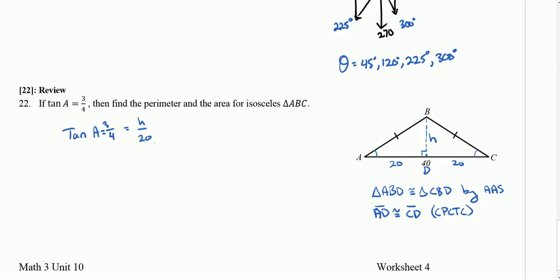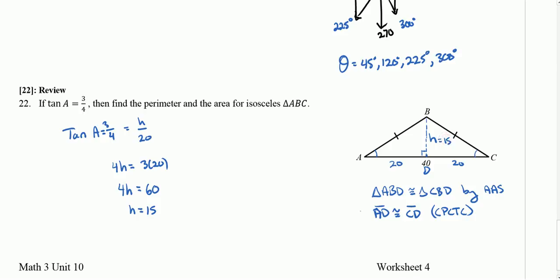And so this gives us a proportion in which we can cross multiply and get 4 times the height is 3 times 20. So 3 times 20 is 60. So 4 times the height is equal to 60. And then divide, you end up with 15. So now the height's 15.